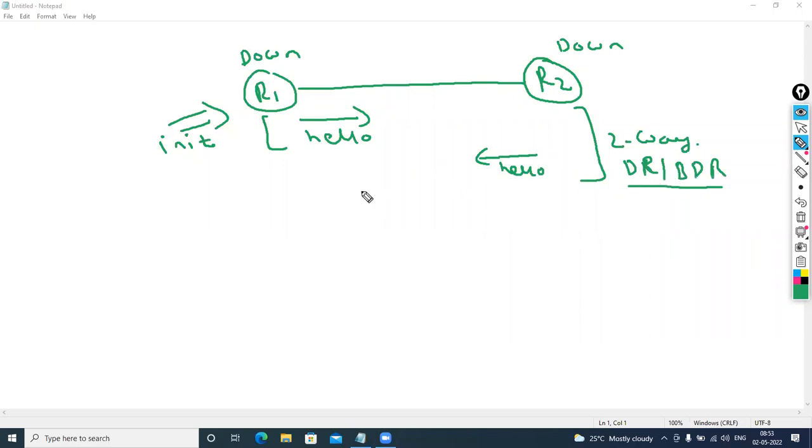Then after two-way, let us consider R1 has 1.1.1.1/32. After this, what happens? Master and slave election. Why do they elect master and slave? Any idea? The election is going to happen, but my question is why it is needed.